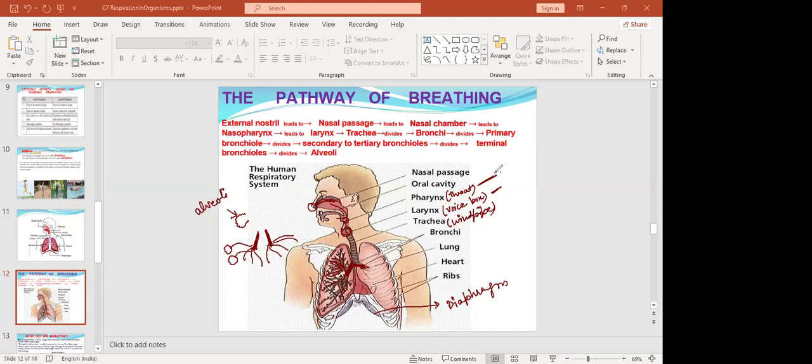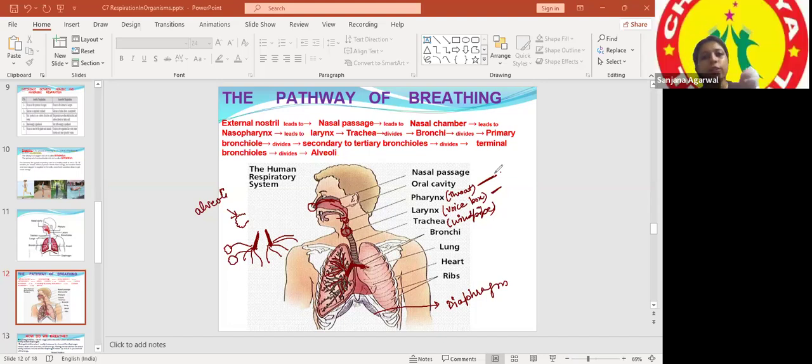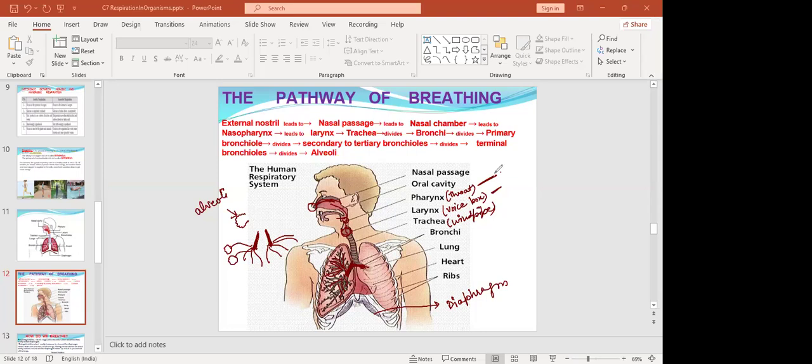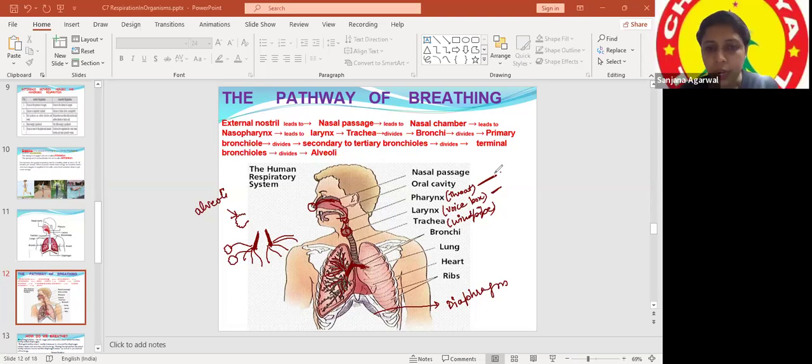Ma'am, can you repeat for trachea? It is a tube-like structure in the neck. It can also be called windpipe. Yeah. It is a tube-like structure in the neck and upper chest that connects the voice box to the lungs.